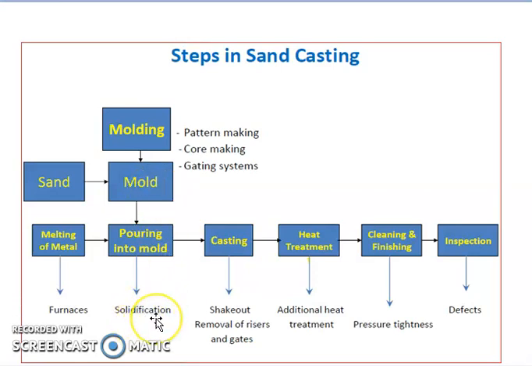Then solidification takes place. After that, we get the casting. Some heat treatment can be done for the casting products. After that, cleaning and finishing, we get the required products. Now this we will see in one animation video.